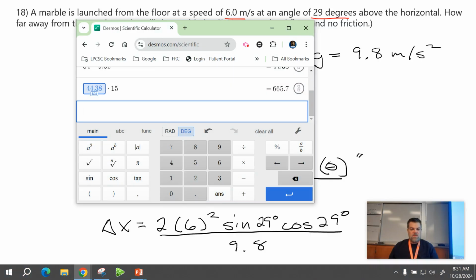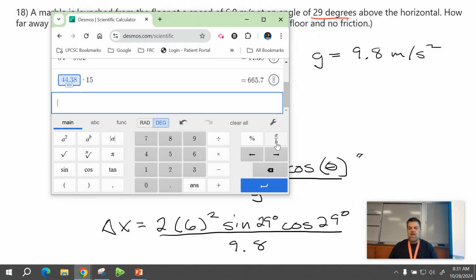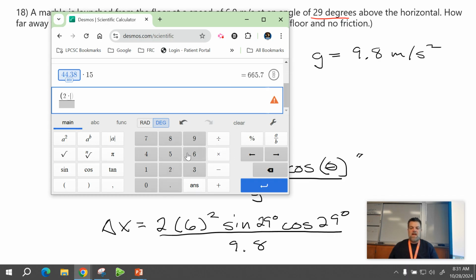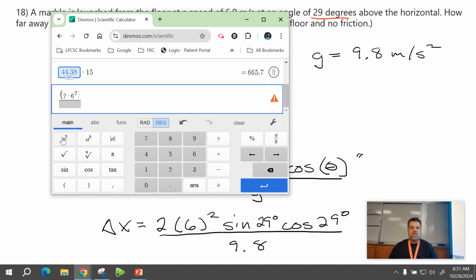The beauty of Desmos is that you can actually do it in one swoop. So I'm going to make a fraction. But remember, I got to tell the calculator to do the stuff in the top separate from the stuff on the bottom. So if I just say 2 times 6 squared times, and now look up here at the screen so you know where to find sine and cosine on this thing.